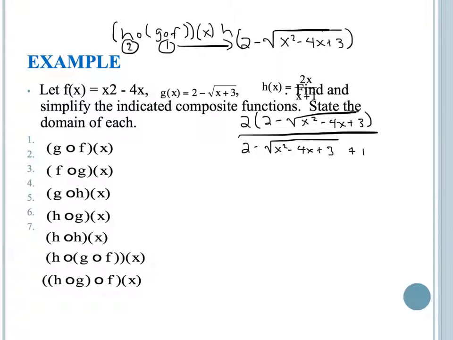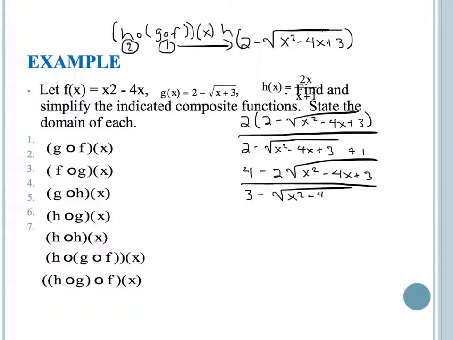So I'm going to multiply by 2, and I would wind up with 4 and in the denominator I'm going to add the 1 and the 2. And this gives me the composition of h of the quantity g of f of x. So this is my final answer to that part.